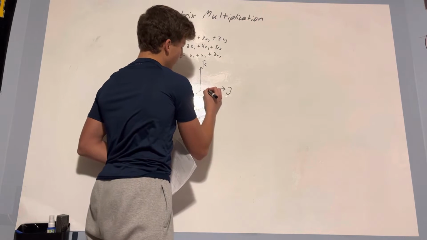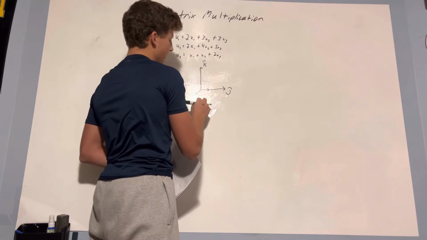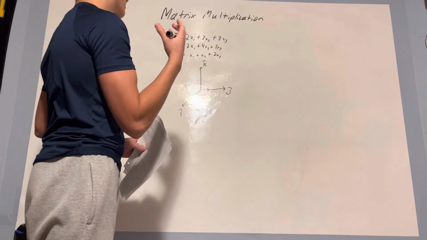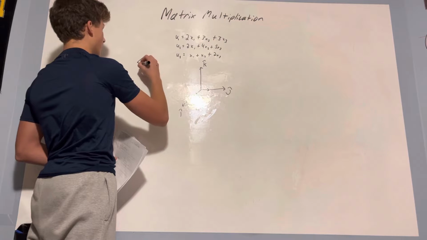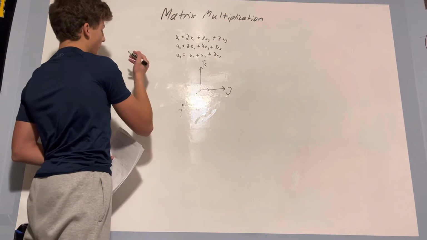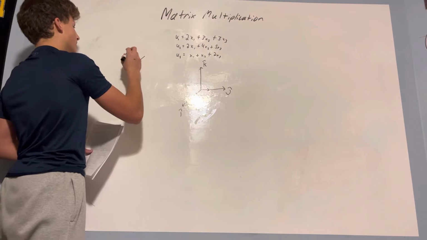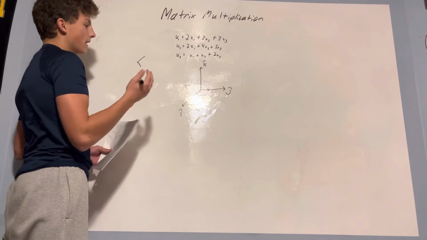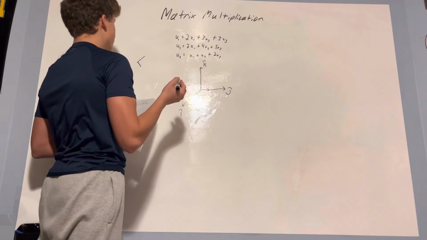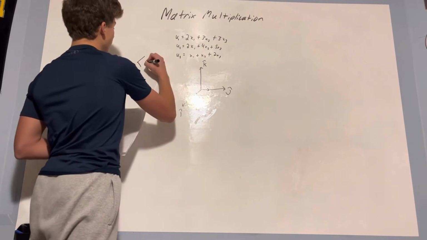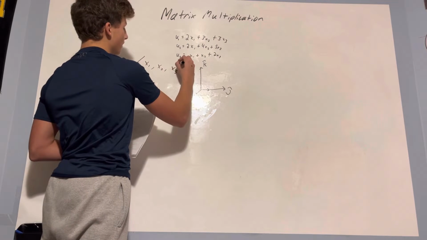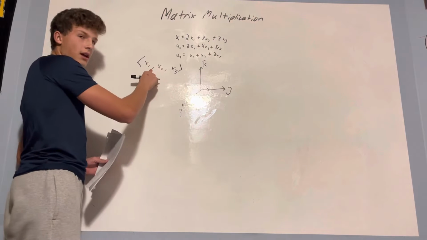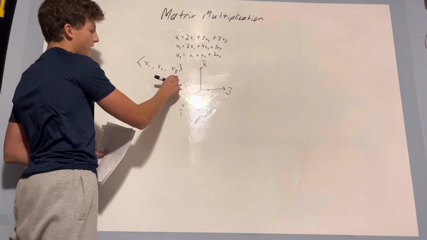And it's going to be scaled by x1 because that's what we are choosing originally. We're choosing some kind of scaled version of i hat, j hat, and k hat, and that is what we're defining as the vector x1, x2, x3, because it's just x1 i hat plus x2 j hat plus x3 k hat.